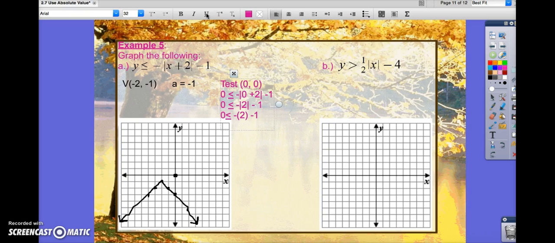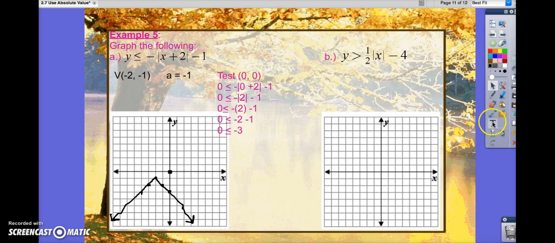Now remember, the negative's outside. So that's -2 minus 1, 0, less than -3. Is 0 less than or equal to -3?